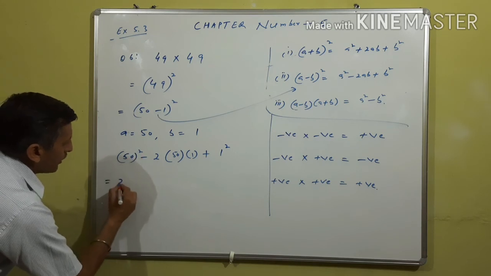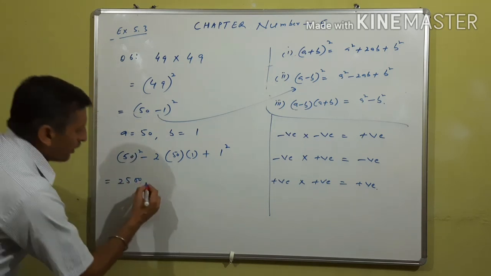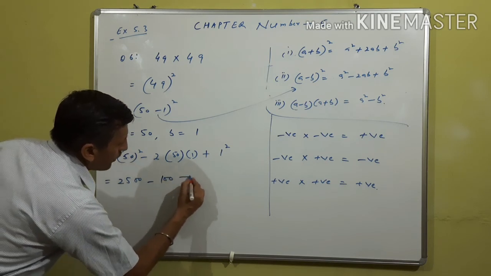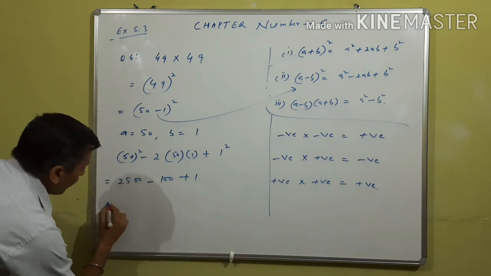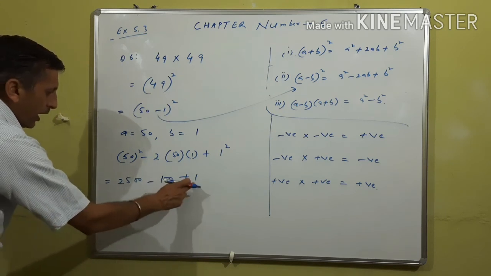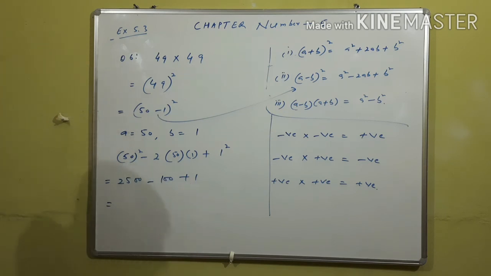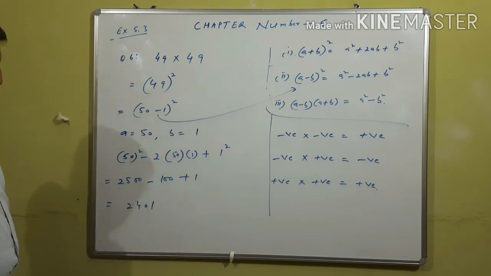Now 5 squared is 25 and the 0 squared gives two zeros, minus 100, and 1 squared is plus 1. Now we have to subtract: 2500 minus 100 is 2400, and plus 1, so that is 2401. That's all.